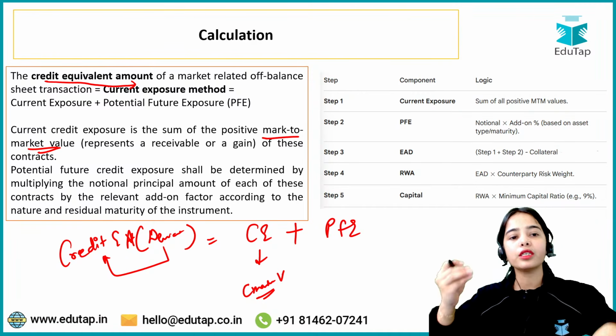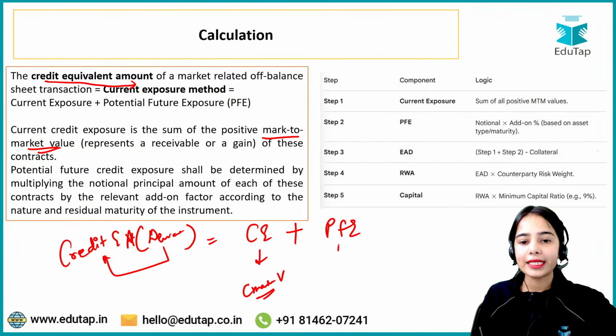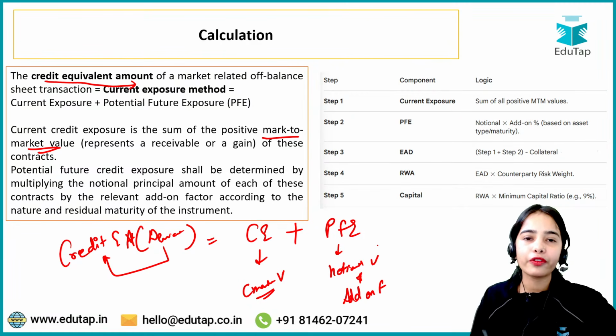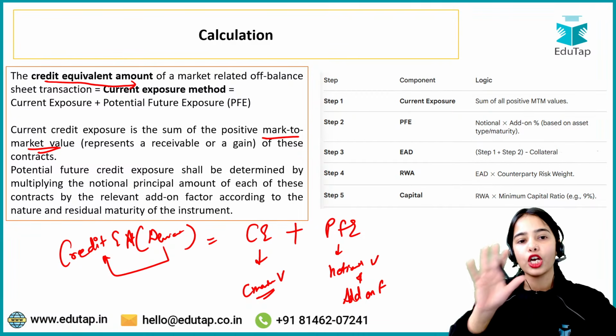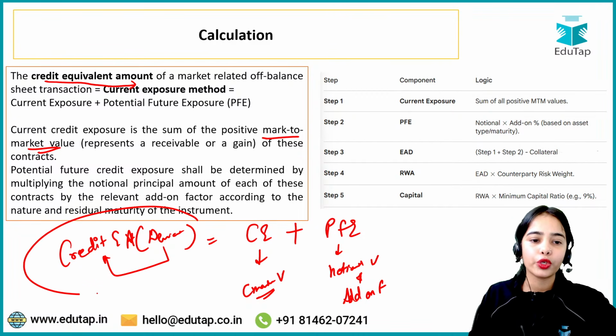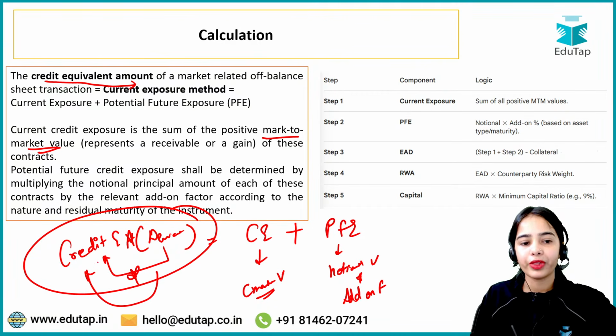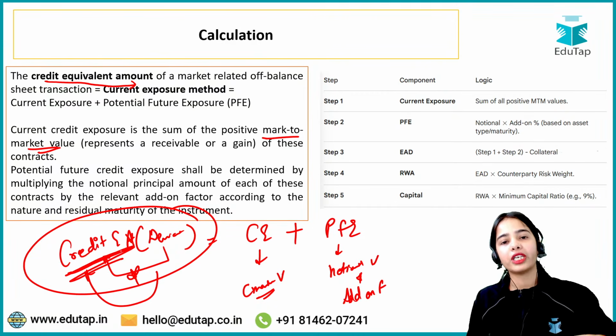That is calculated by taking the notional value of the contract multiplied by the add-on factor. For different derivative contracts, the RBI has given different add-on factors. So this is the basic idea to get to the credit equivalent amount of the derivative.